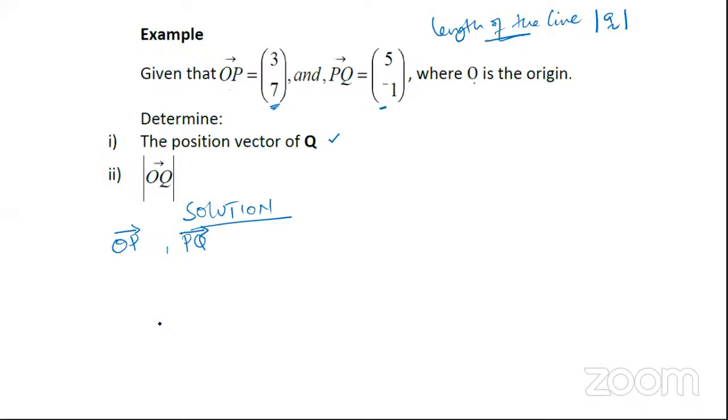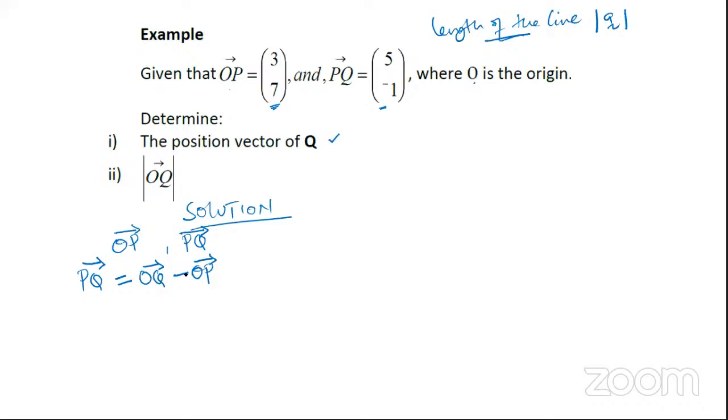Now, from vectors, how do we come to PQ? We need to know that vector PQ is equal to OQ minus OP. I want us to have this first.